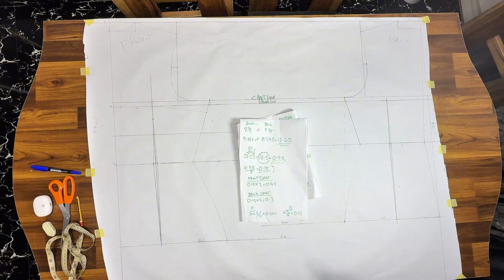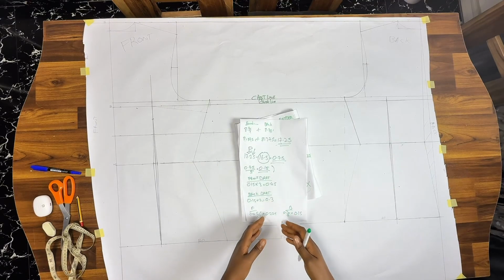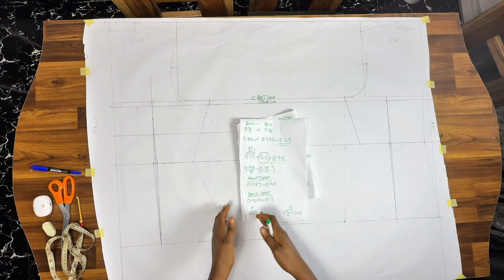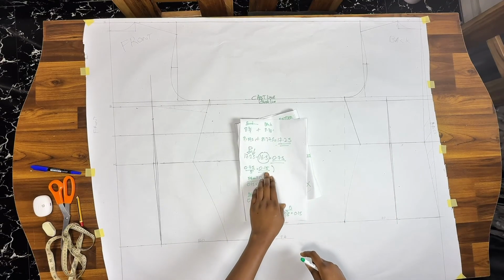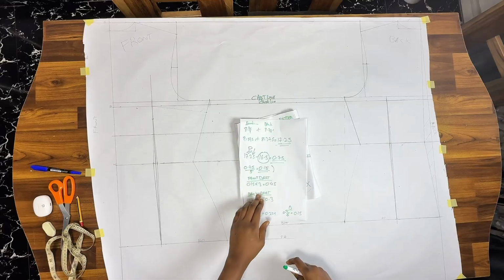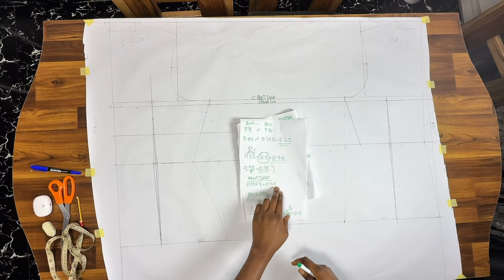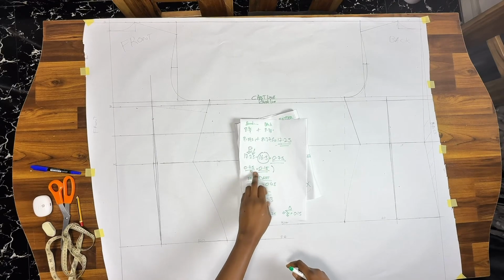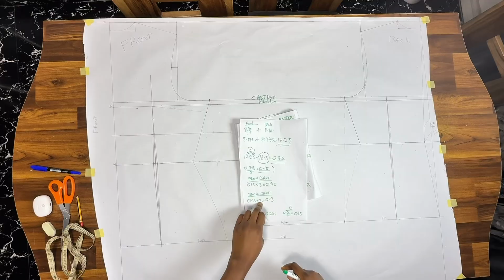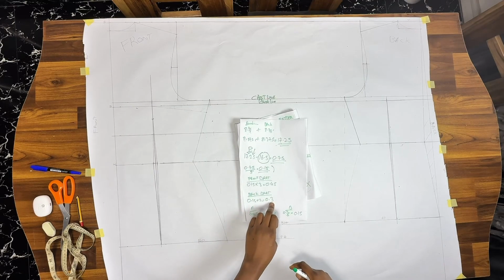Our back is a little bit slanted, while our tummy has fat. So I will give more to the front dart and less of the ease to the back. Whatever I got here, I multiply it by 3 for my front, which gave me 0.45. Then for the back, I will times it by 2, which gave me 0.3.